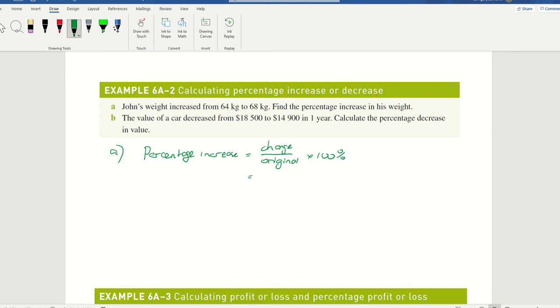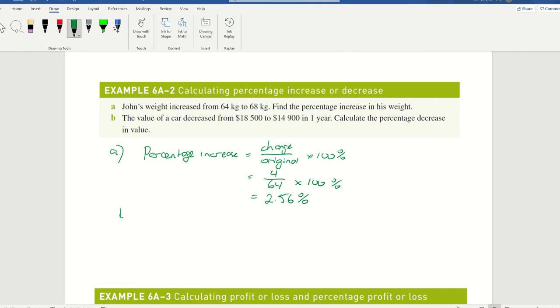My change is from 64 to 68. For originally he was 64 by 100%. We're going to keep our percent this time. And that is a grand total of 2.56%. It hasn't told me how many decimal points, so I'm just going to leave it at 2.56.